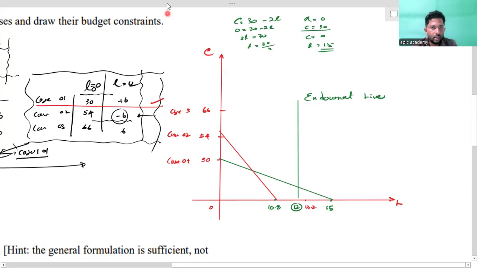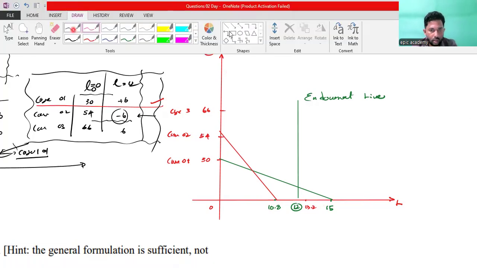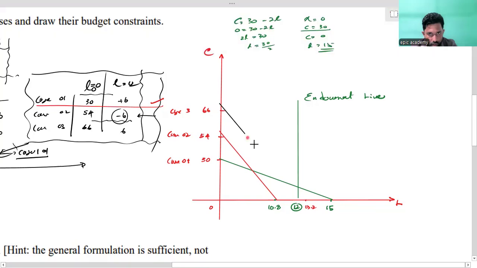Right. In here, you have to identify special features. Two types of special features in here. If the consumer consumes case number 1, their consumption is something like that.